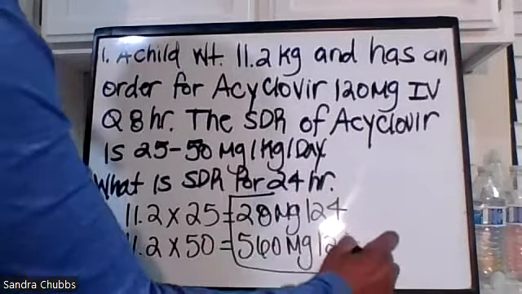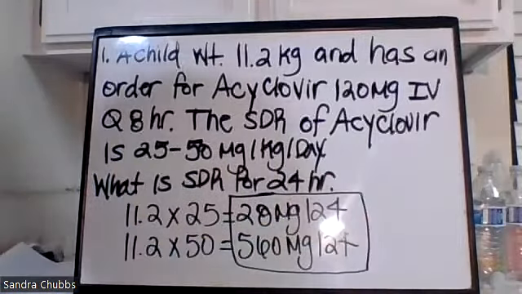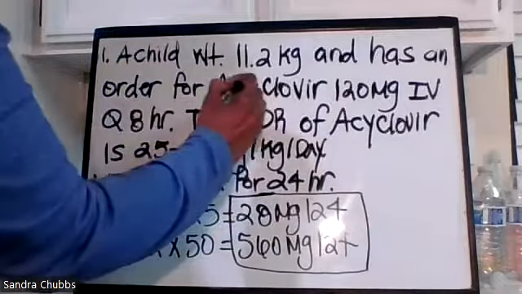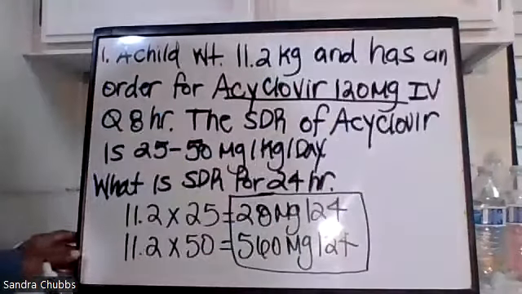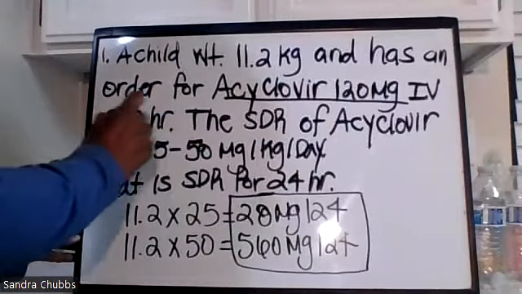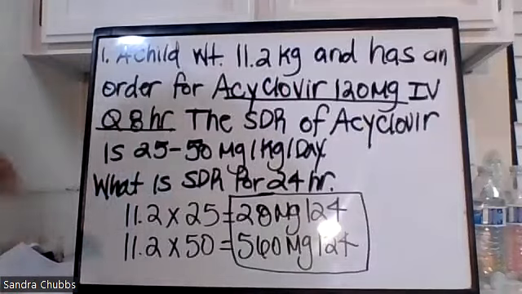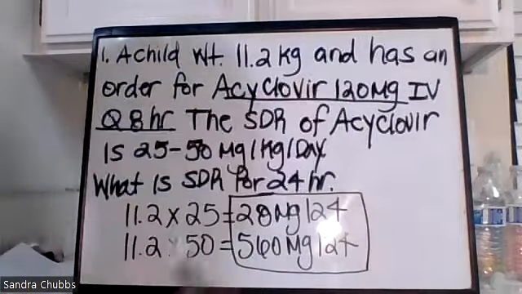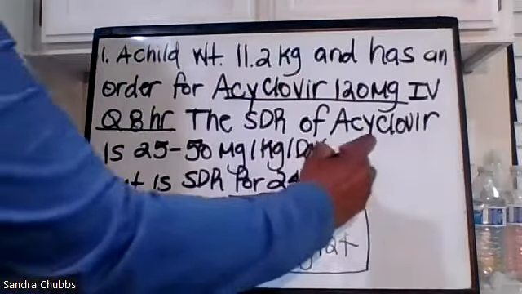And here it is. So let's say I ask you, is the dosage ordered safe, which is the 120 milligrams of acyclovir, ordered every 8 hours. So let's go ahead and determine if the dosage is safe. In order to do that, we take what the doctor ordered and multiply it by the frequency.